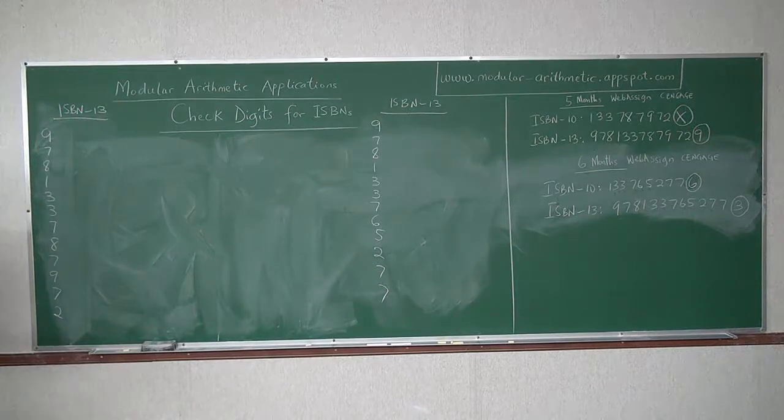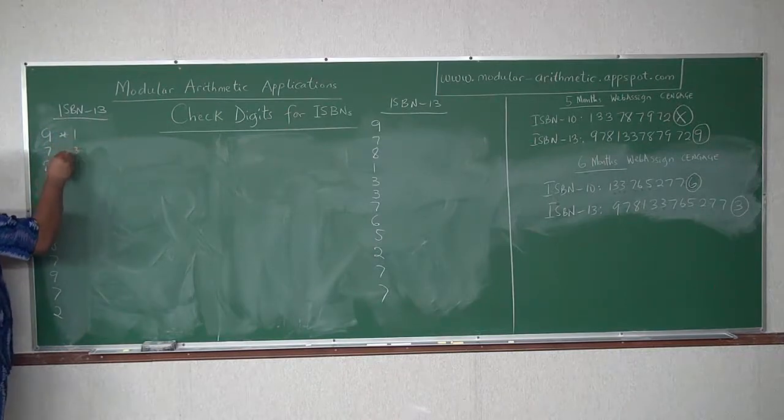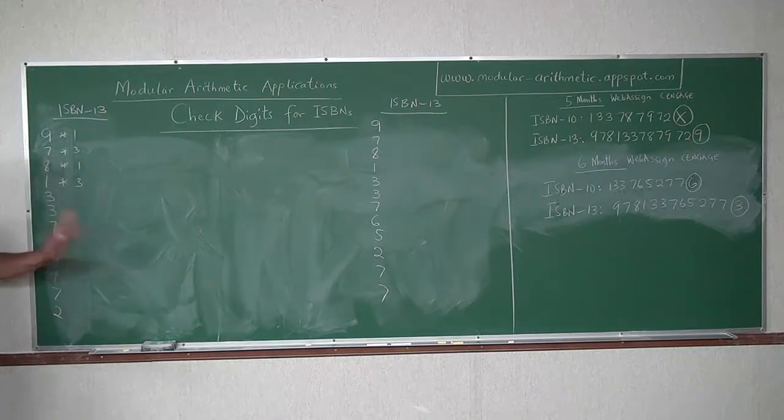So let's do this first one. This is what you do, folks. Look at this. You do times 1, times 3, times 1, times 3, just like you have in ISBN 13.